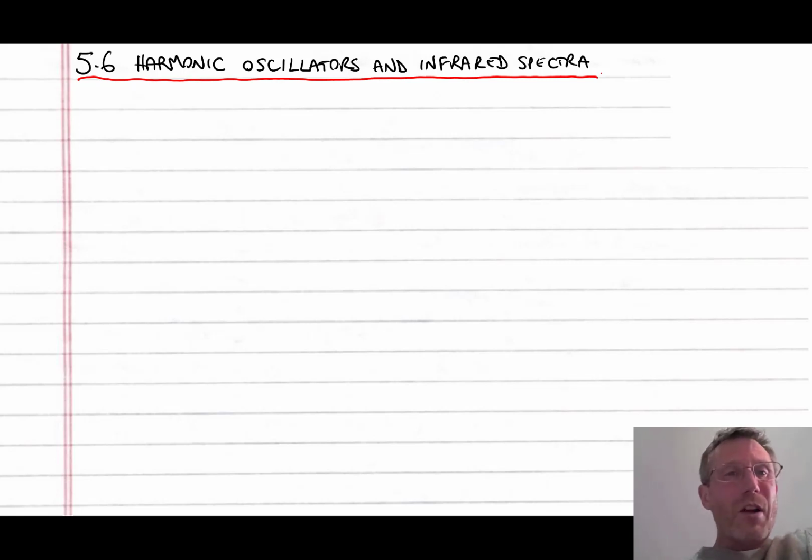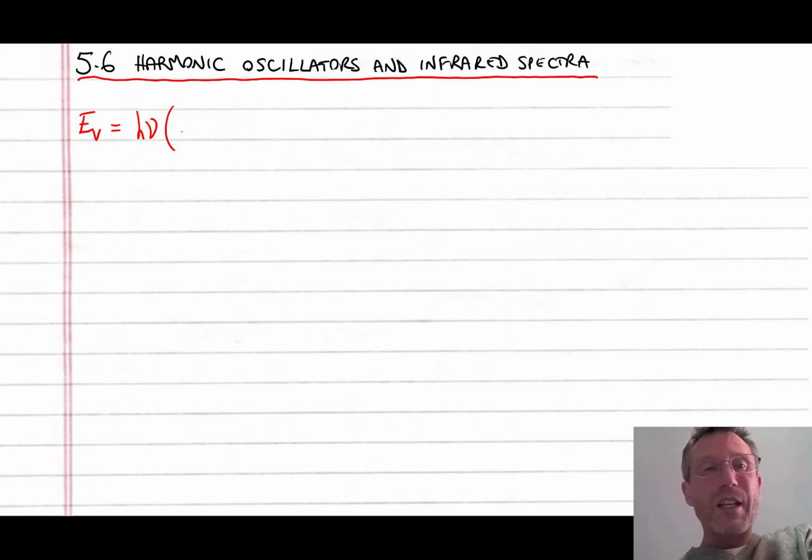Let me start by writing down the energy equation, the eigenvalue solution: E sub V, where energy is a function of the vibrational quantum number V, is equal to h nu, the frequency of oscillation, multiplied by (V plus 1/2).